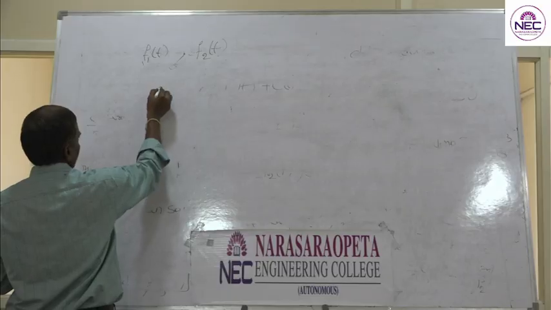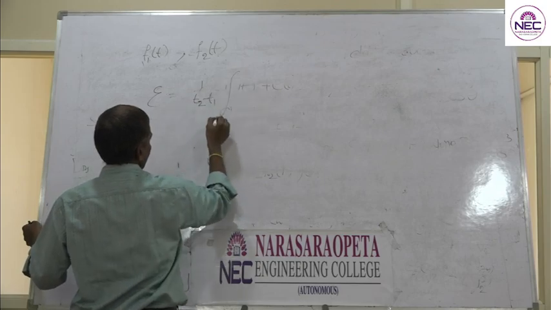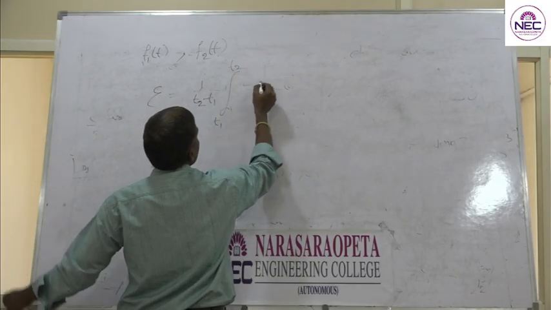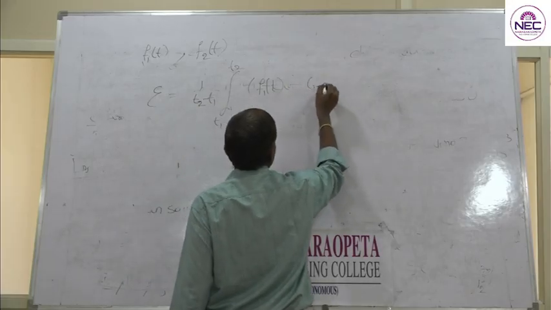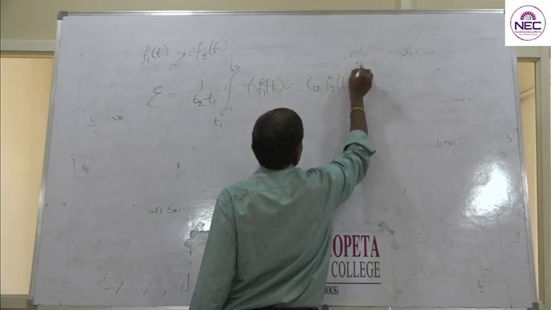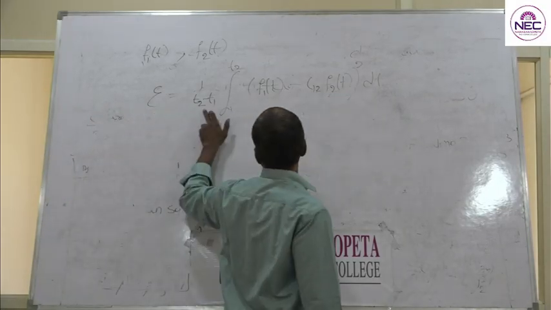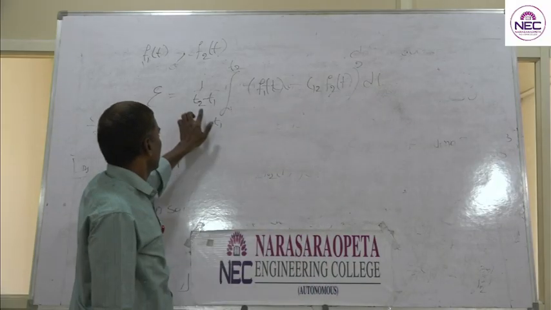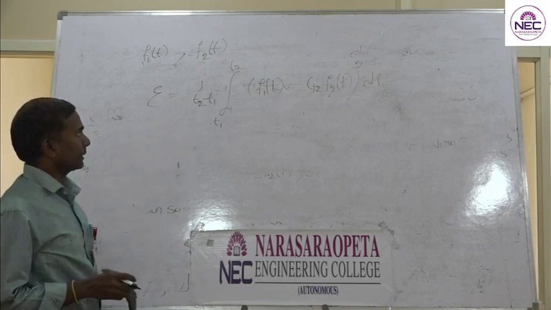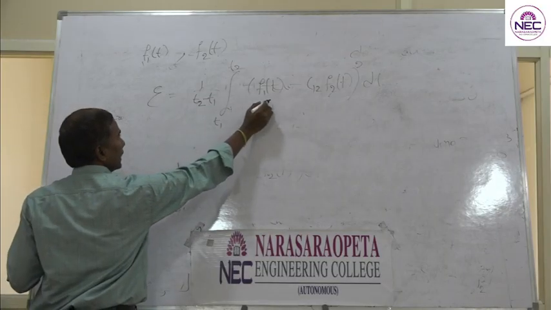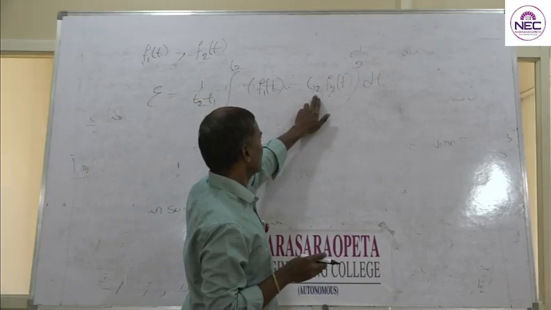I am representing the mean square error as epsilon, which is 1 by t2 minus t1, integral from t1 to t2 of f1 of t minus c12 f2 of t, whole square, dt. So mean square error is nothing but the average of squares. To get the minimum error, mathematically we differentiate the function with respect to c12 and equate it to 0, because c12 decides the similarity.